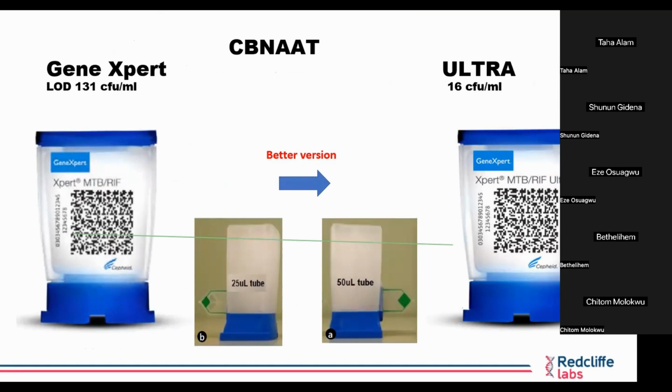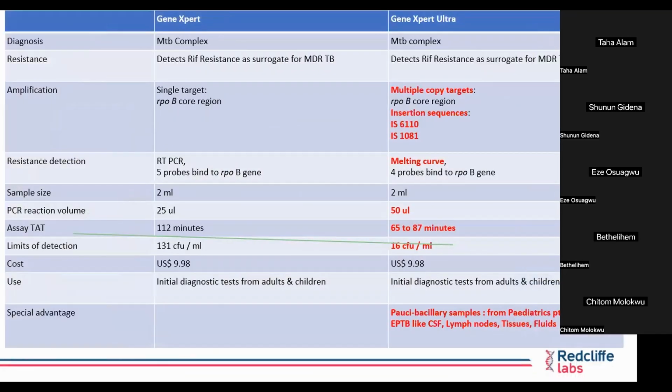So it is 8 times more sensitive in the lab. This was due to a number of changes that were made in the cartridge. The cartridge size remains the same, but inside, molecular methods, new targets were incorporated, melting curve was incorporated, the PCR reaction was doubled, and it could detect 16 bacteria.